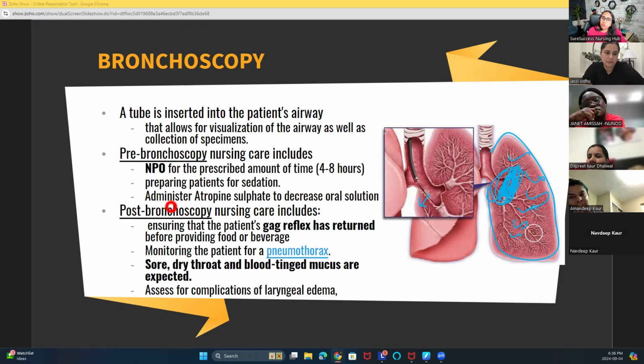Make sure that after this bronchoscopy, when you are offering fluid to the patient, because he's NPO, his gag reflex returns. If not, the patient is at risk of what? Choking. Okay, so always make sure, and monitor the patient for complications. Which complication? Pneumothorax.